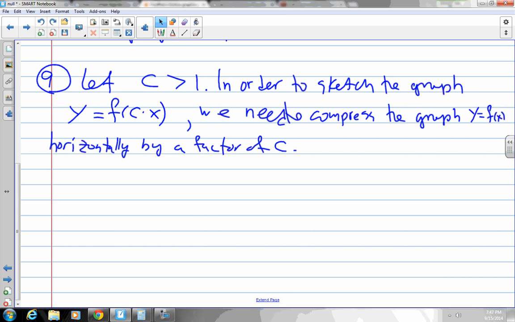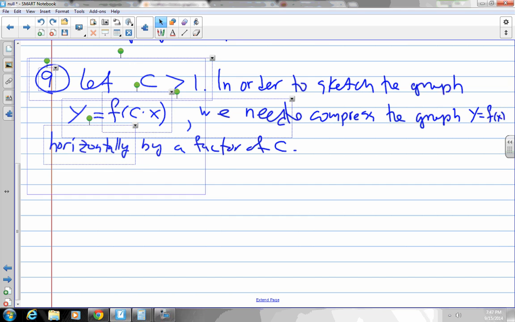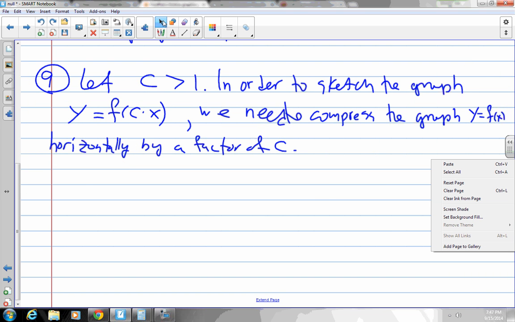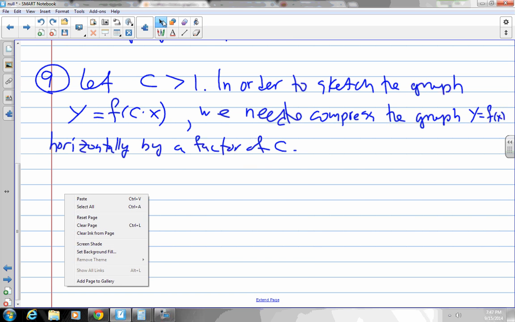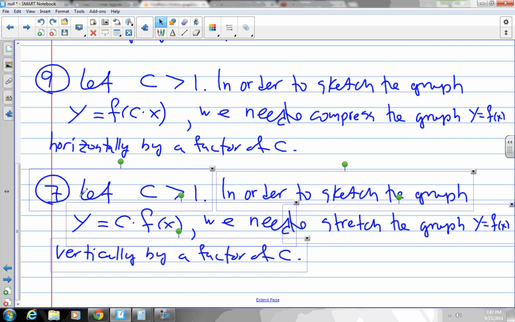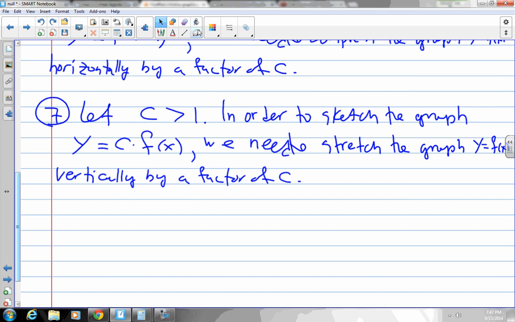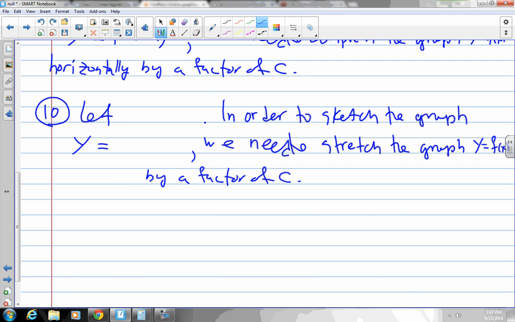So the final transformation. So transformation 10, c is between 0 and 1.